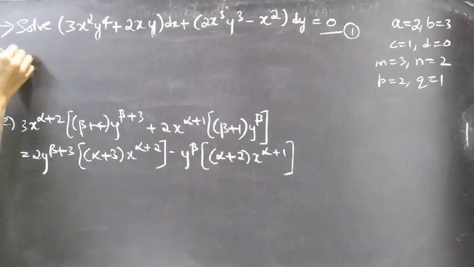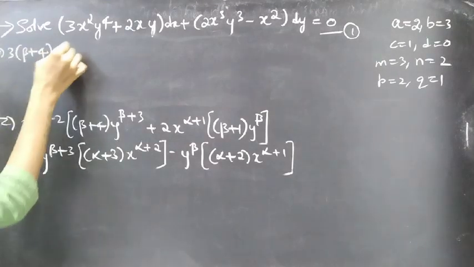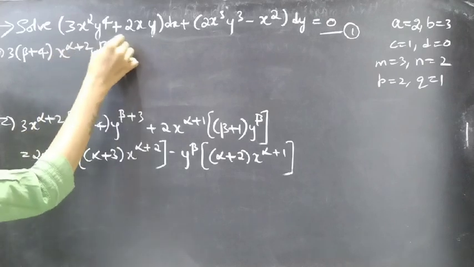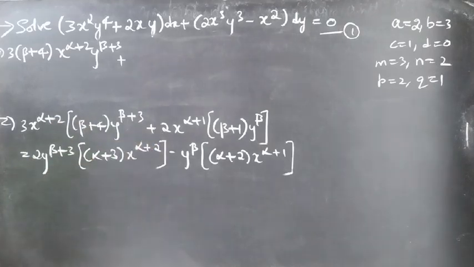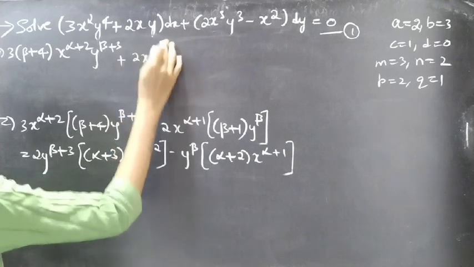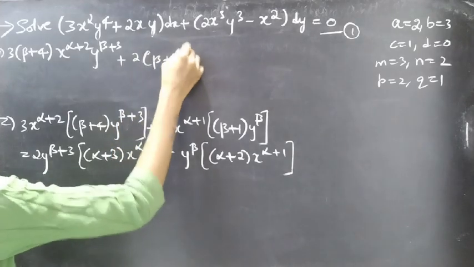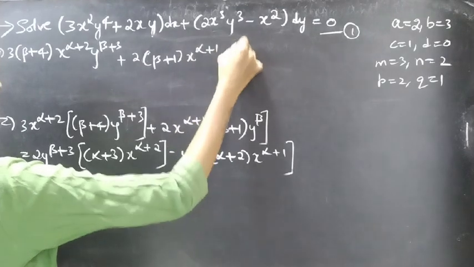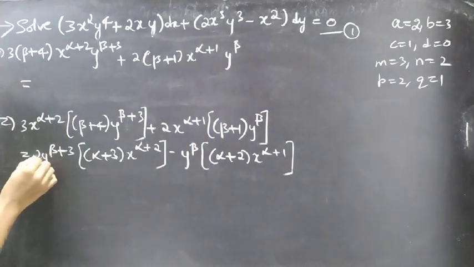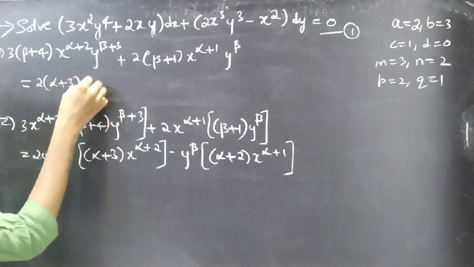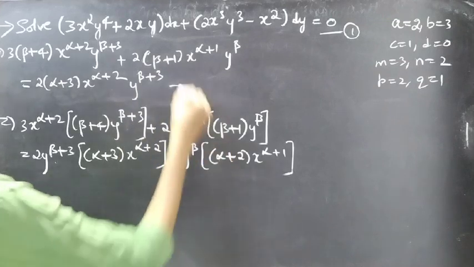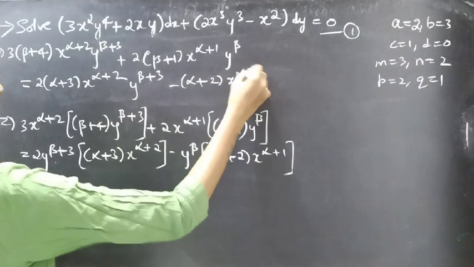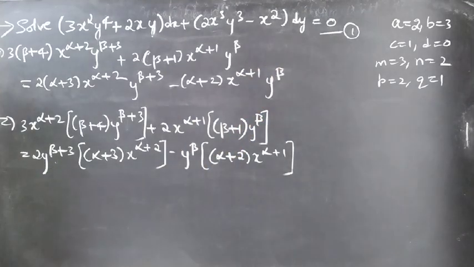This gives us 3(β+4) x^(α+2) y^(β+3) plus 2(β+1) x^(α+1) y^β equal to 2(α+3) x^(α+2) y^(β+3) minus (α+2) x^(α+1) y^β, right?